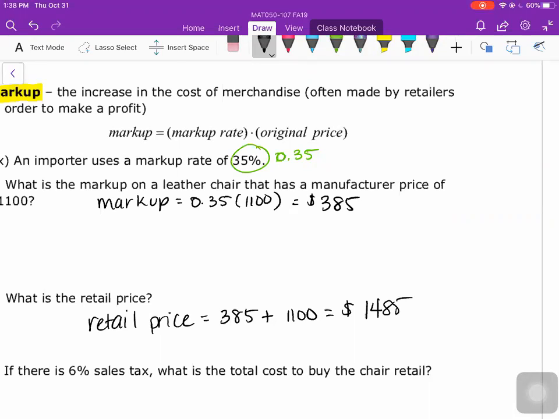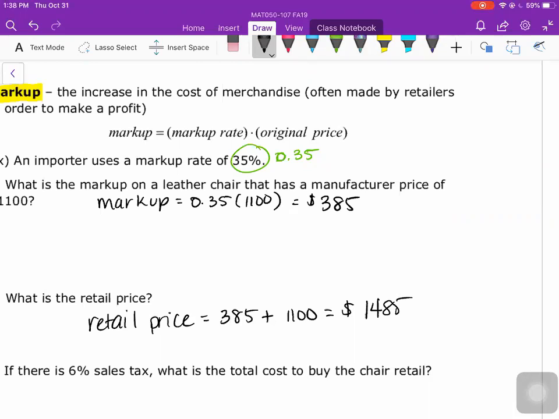When you go to purchase something from a store, like in this case a chair, the store bought that chair from somebody else. They're buying it for a lot less than they're selling it to you because they need to make money off of it, right? That's how that store stays in business.